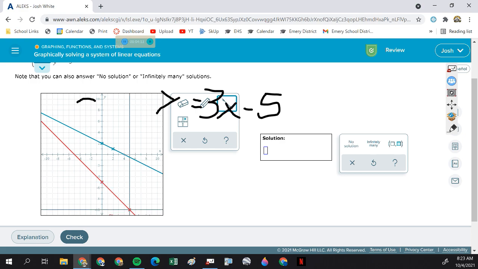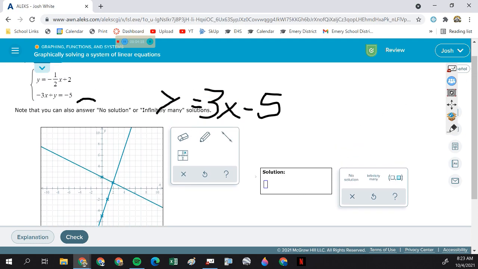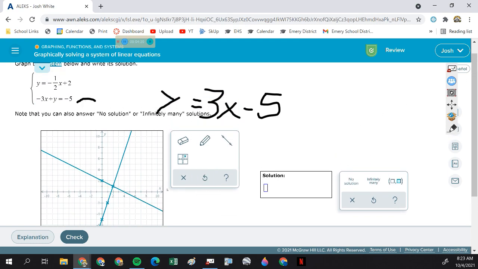We go up 1, 2, 3 over 1. And so my solution is going to be right there, which is 2 comma 1. And so I'll type 2 comma 1 in right there.